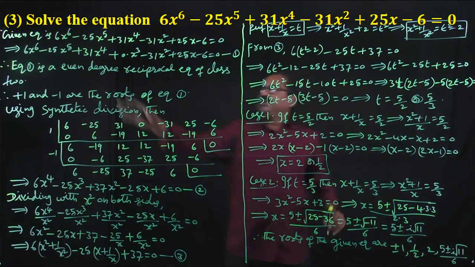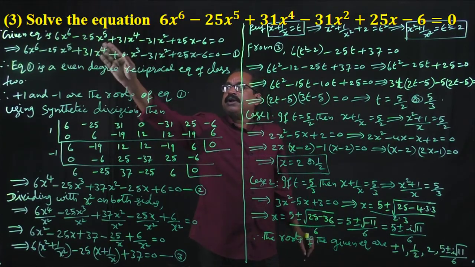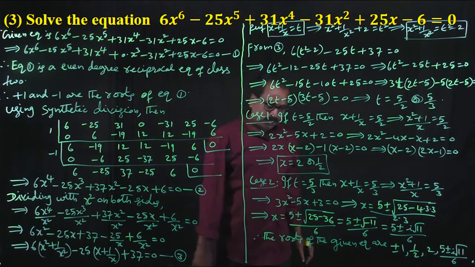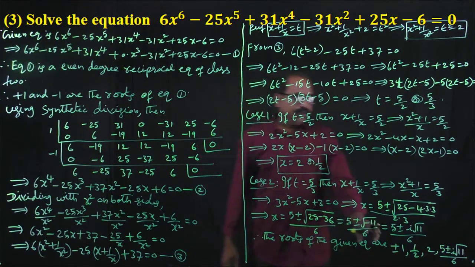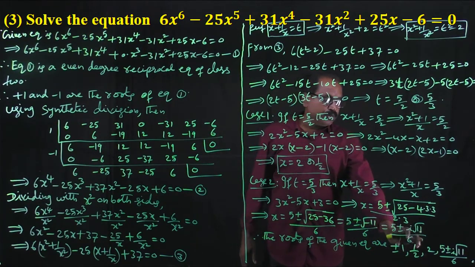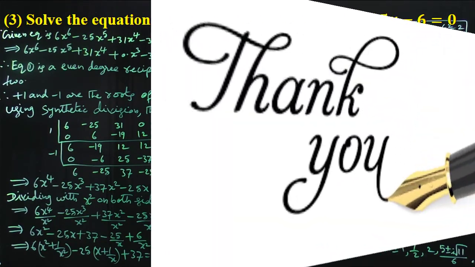The order of the given equation is 6, so we have 6 roots. So the roots are plus or minus 1, 1 by 2, 2, and 5 plus or minus i root 11 by 6. Okay, thank you.